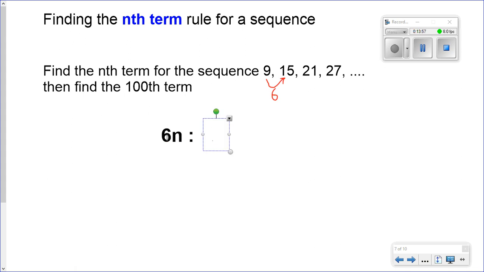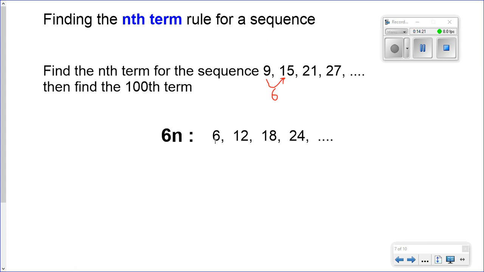Well, 6n is just the 6 times table. 6 times 1, 6 times 2, 6 times 3, and so on. So let's just write down the 6 times table. It's the first 4 terms. Why 4 terms? Well, our sequence, if you have a look, has 4 terms as well. So that's why I've just written the first 4 terms.